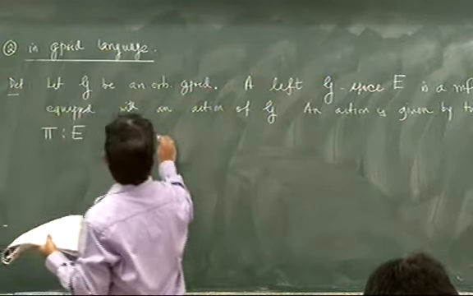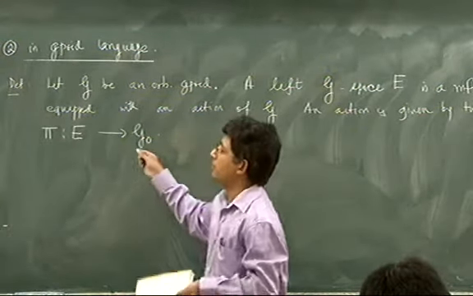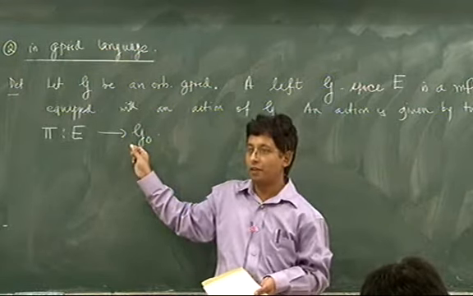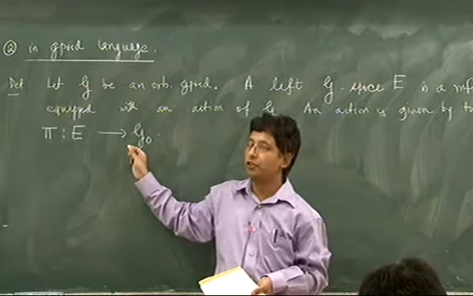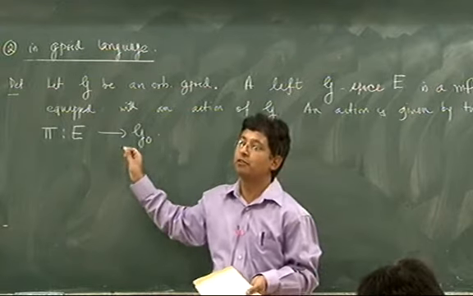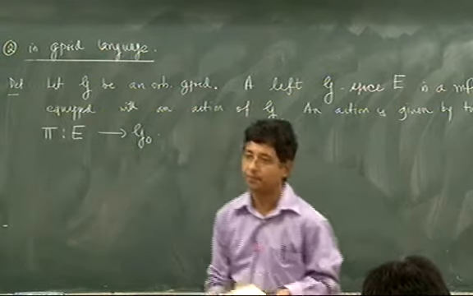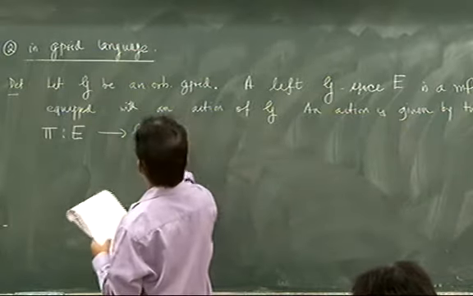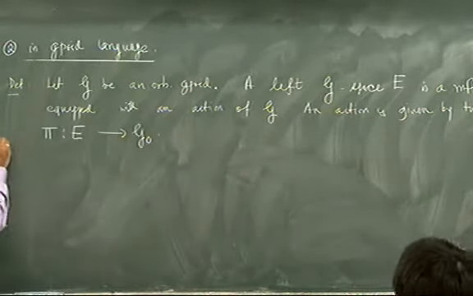Remember that when I constructed the groupoid out of the orbifold, G naught was the disjoint union of the U tildes. And so this is the anchor.